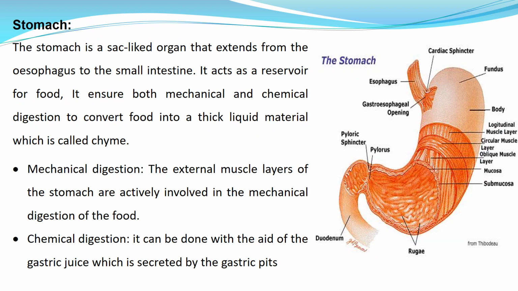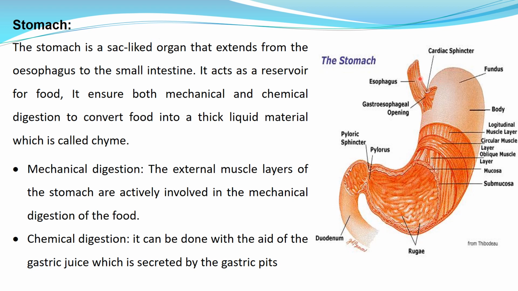Another organ within the GIT is the stomach. I'm not going to explain the esophagus, because the esophagus is a tubular structure responsible for the transportation of the food from the oral cavity to the stomach.